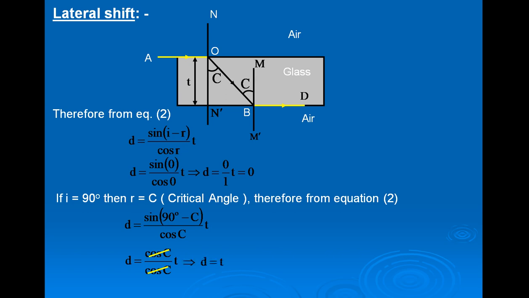This implies D is equal to T, that is, the lateral shift is equal to the thickness of the glass slab. So this is about the lateral shift when a ray of light emerges from a glass slab.